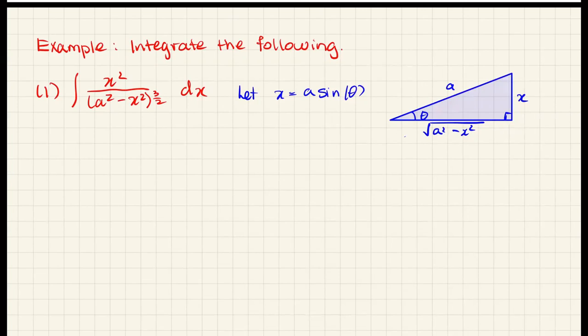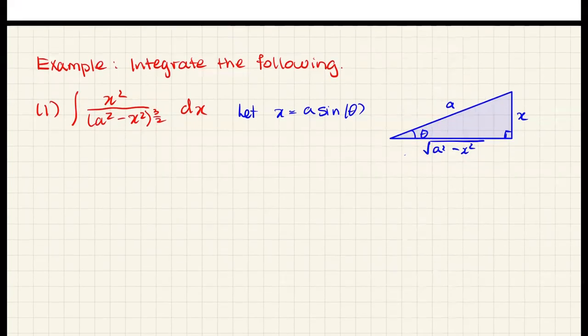So if we want the denominator to be a squared minus x squared, we could use the fact that the cosine is going to be the adjacent divided by the hypotenuse.